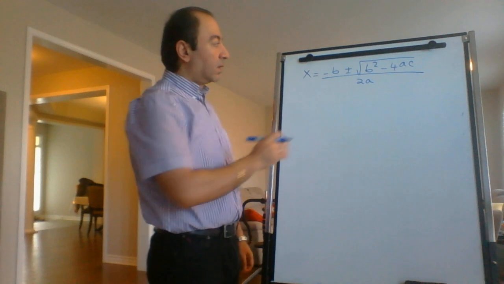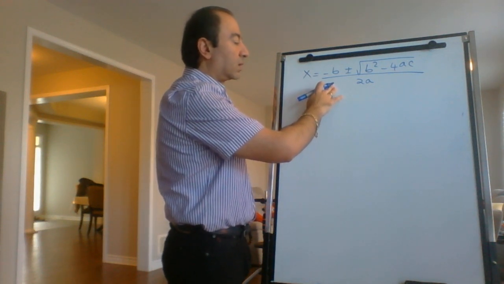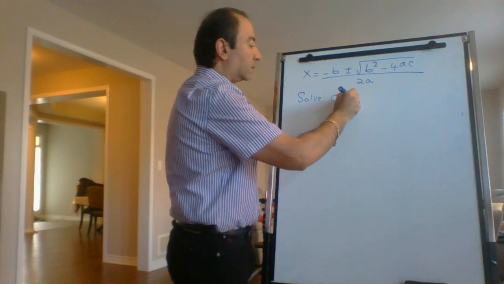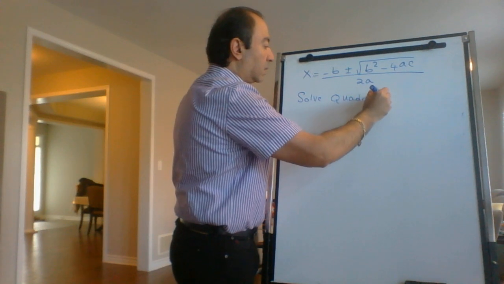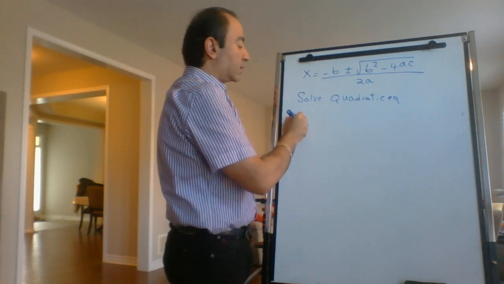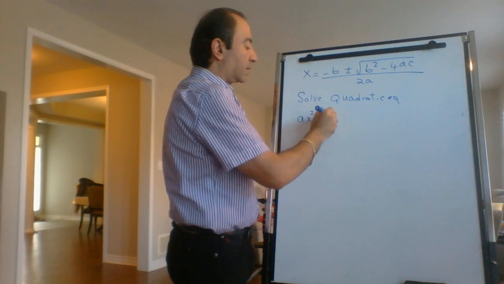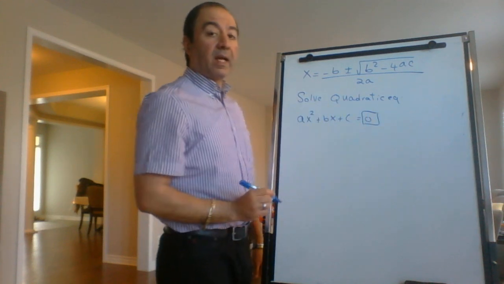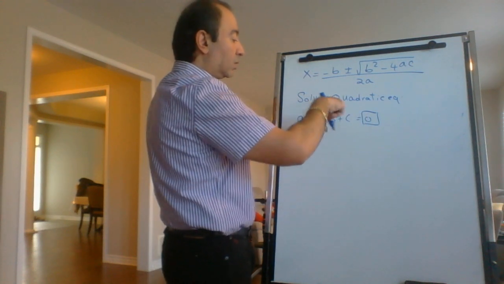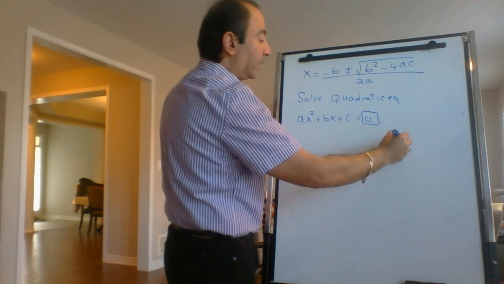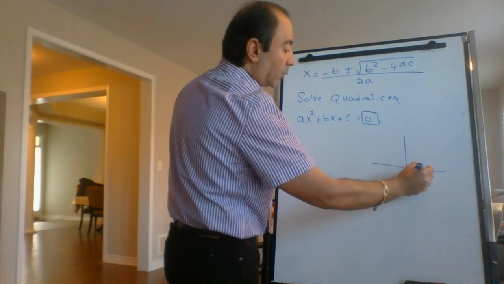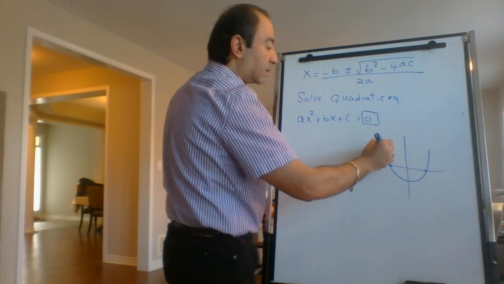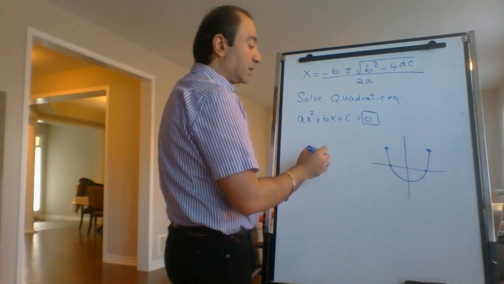And we said that we use this to solve quadratic equations, which are equations in this form: ax squared plus bx plus c equals 0, and we must have a nonzero a here. And we know that by doing this, actually we are getting the points where the curve hits the x-axis. That's why y has to be 0.